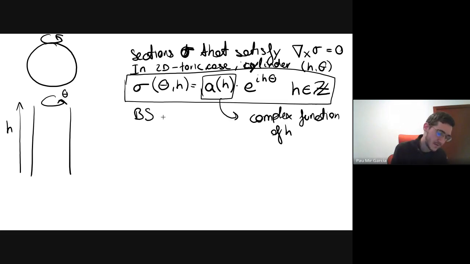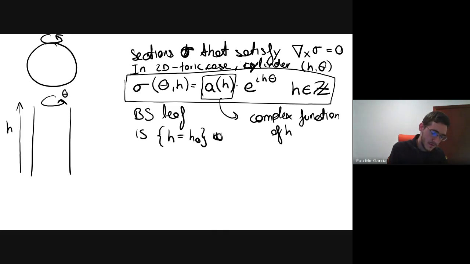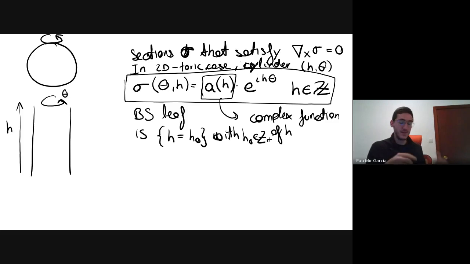This is a leaf for a fixed h, h equal to h0, with h0 belonging to Z. So if you place yourself in a leaf, the h is fixed.